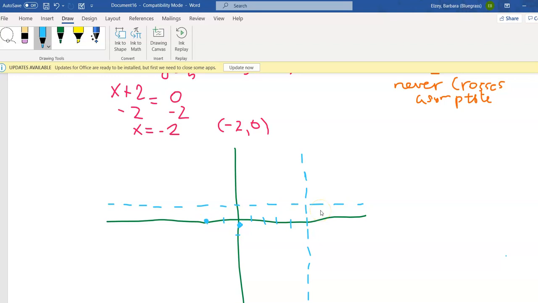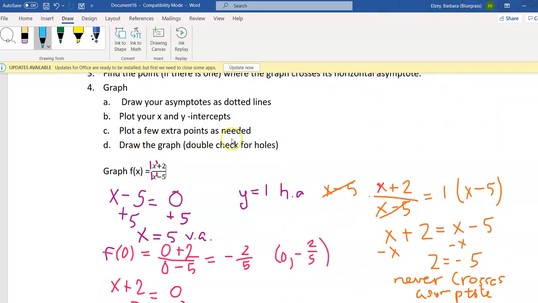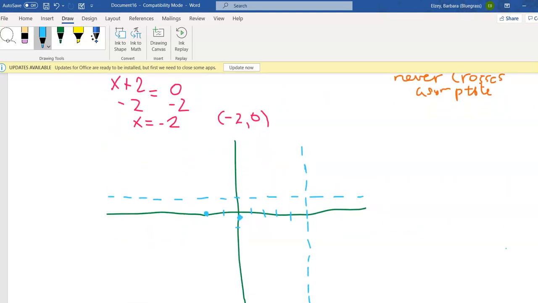Okay, now let's go up here to plot a few extra points as needed. Here's how we decide what we need as far as extra points. Let's suppose that this is my vertical asymptote, and this is my horizontal asymptote.